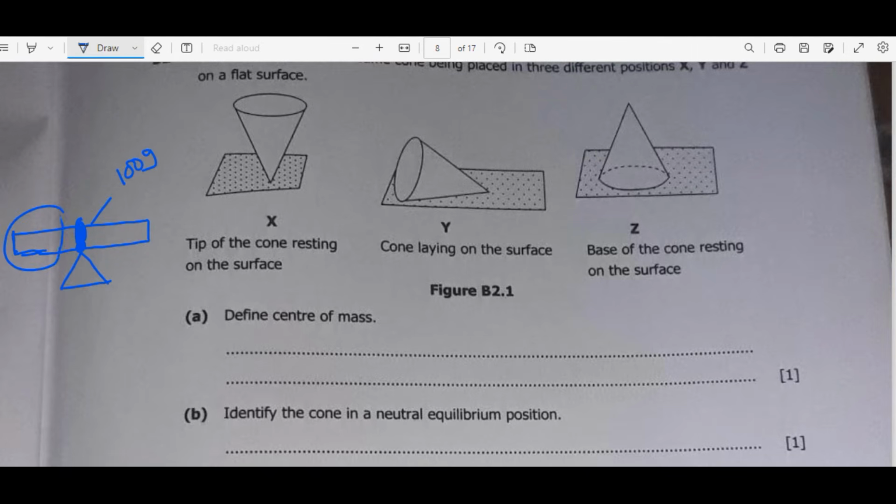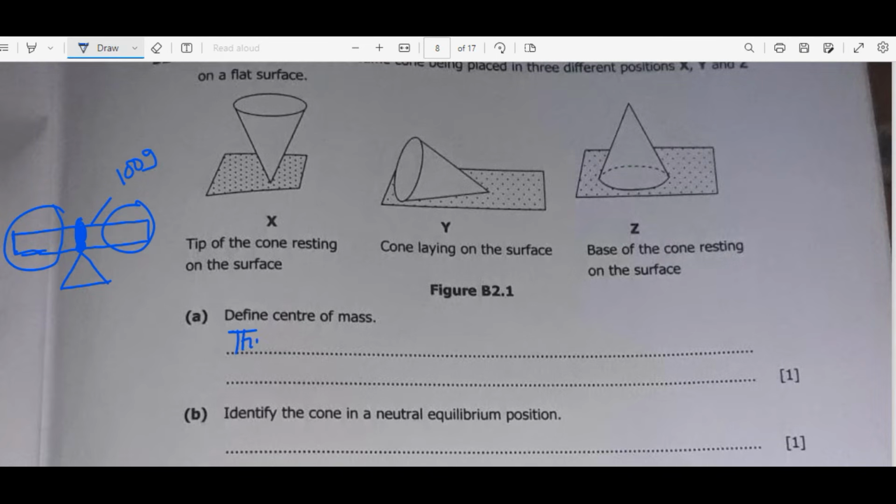So on this point, it means there is no mass. Even here, there is no mass. So the whole 100 grams has gone to one point. So that point, whenever you place an object at its center of mass, it is going to balance. So the center of mass is just the point where the mass of an object seems to act.